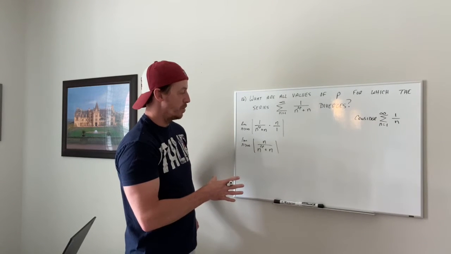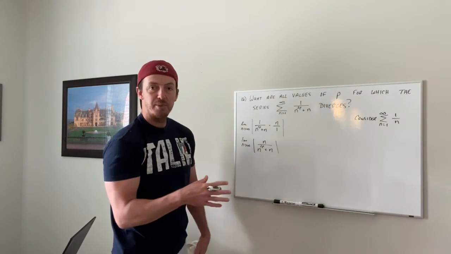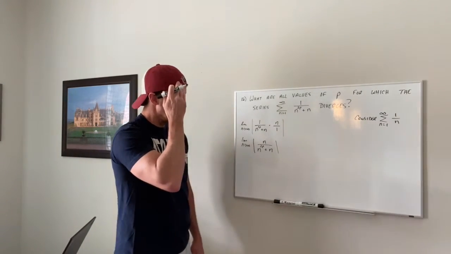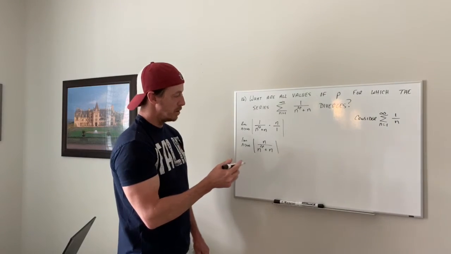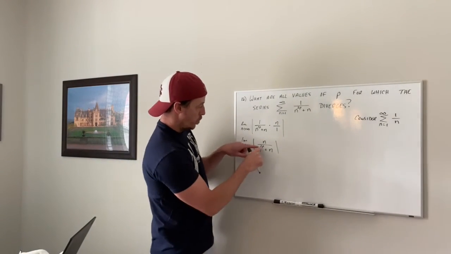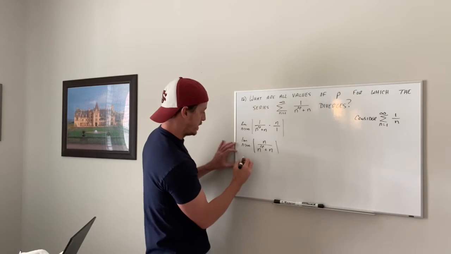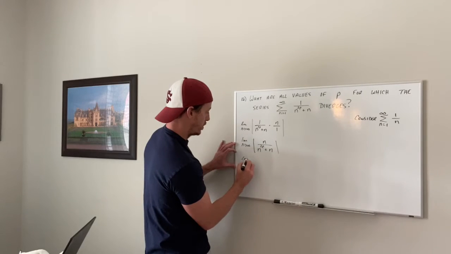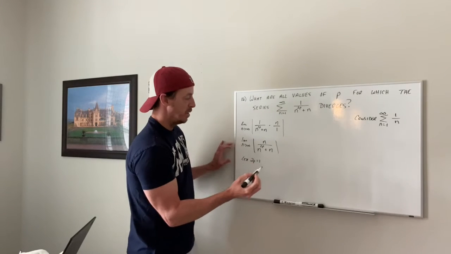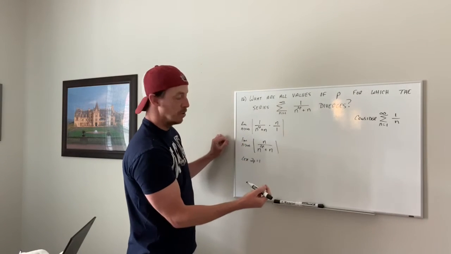Let's consider a few things. When you're doing it in Math 3, you're just comparing the degree of the numerator to the degree of the denominator. So what if 2p just equals 1? The reason I did that is because the degree of my numerator is 1.